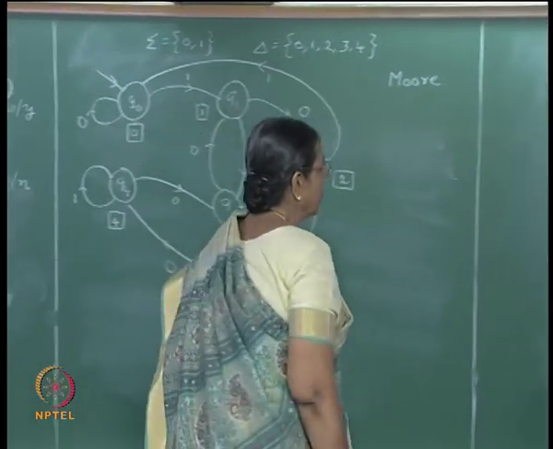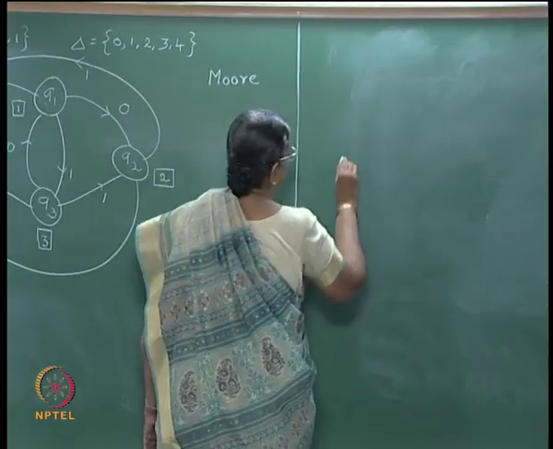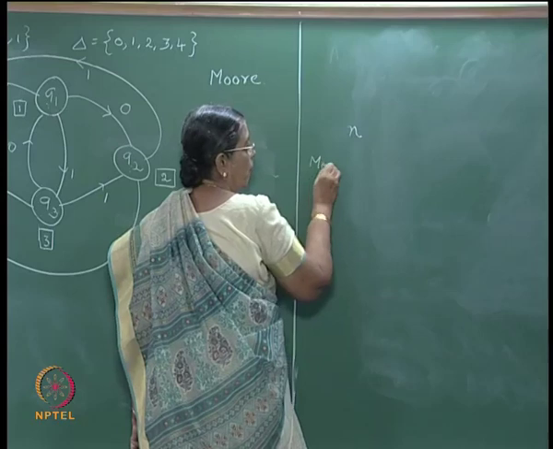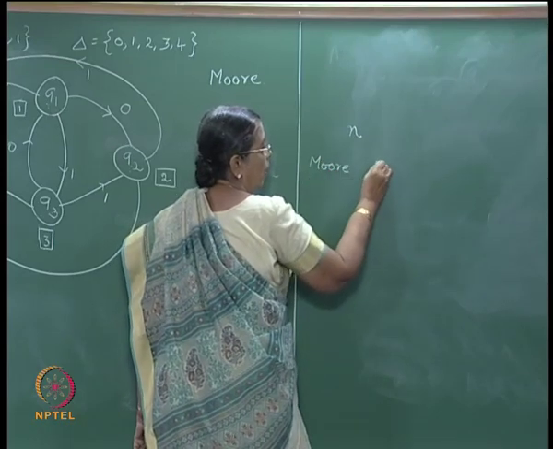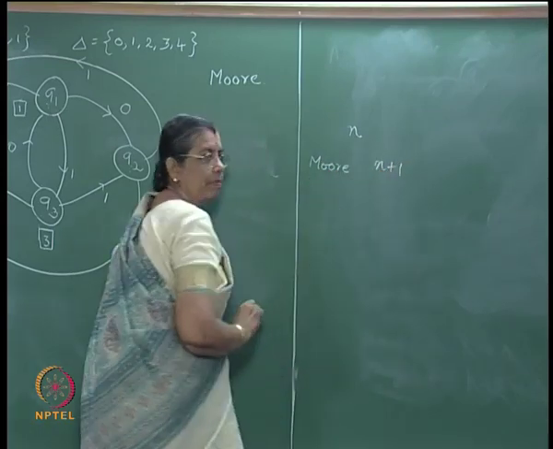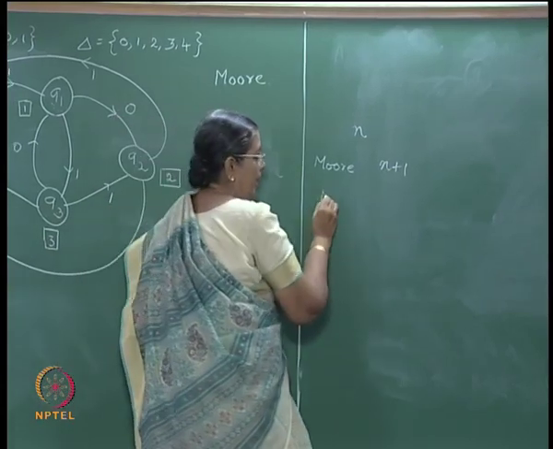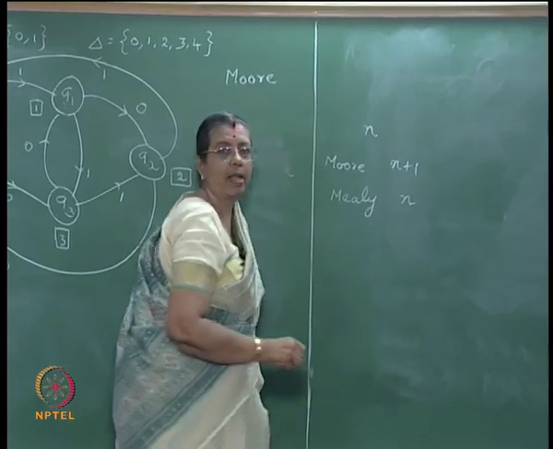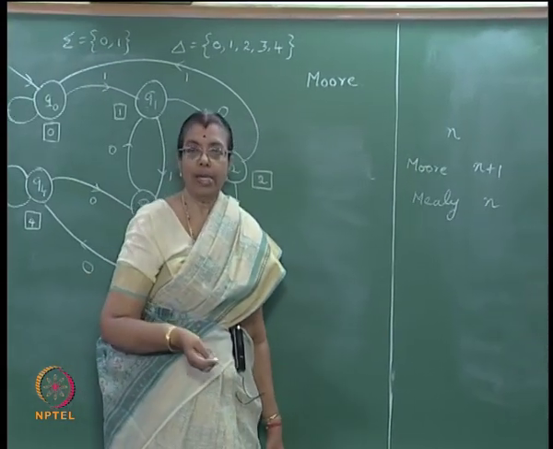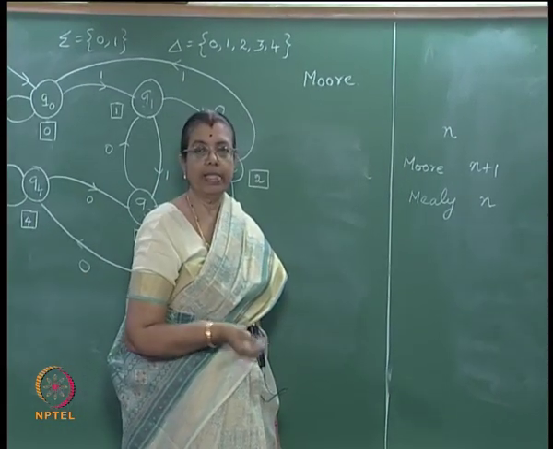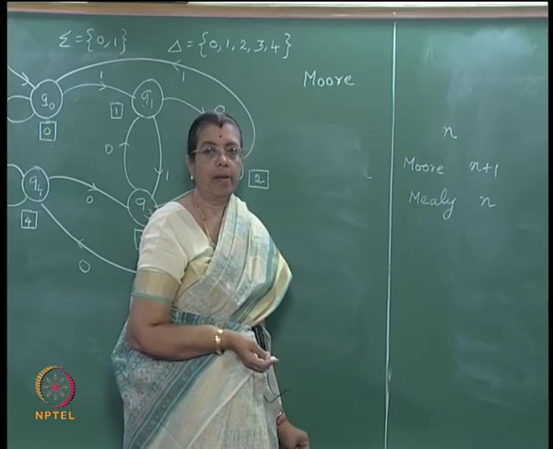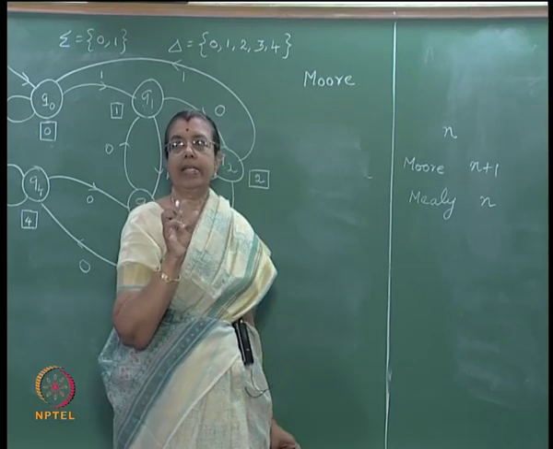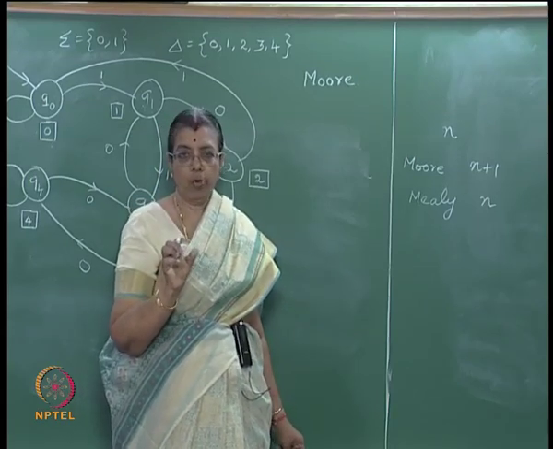First of all, you must remember that if the input is of size n, in the case of a Moore machine, the output will be of length n plus 1. In the case of a Mealy machine, the output will be of length n. So, there is no point in talking about equivalence because the length itself is different. But you must remember that at the initial state there is an output in the case of a Moore machine.